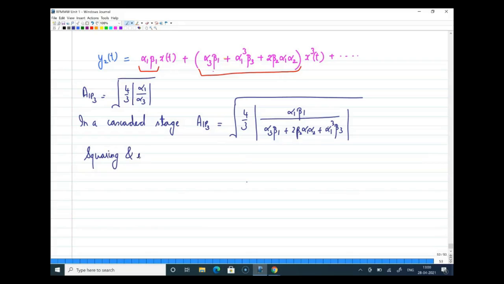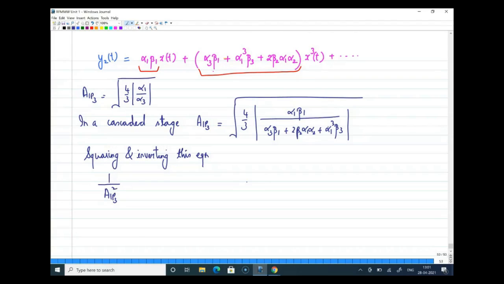I'm just squaring and inverting this equation. The very first thing I'm doing is squaring and inverting this equation. Why I'm doing so is I'm trying to express it in a much simpler formula, so that if you have cascaded many stages, you can find the overall AIP3 of the system. I'll be doing some more approximations later.